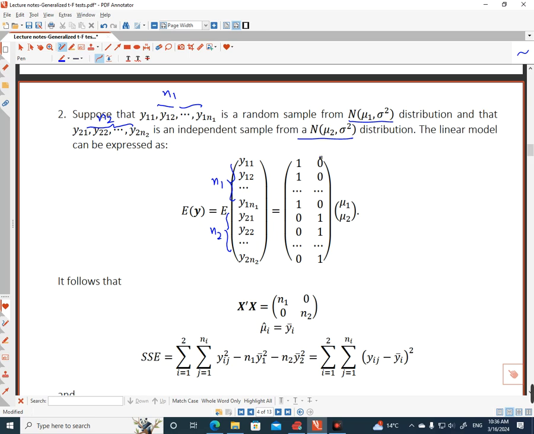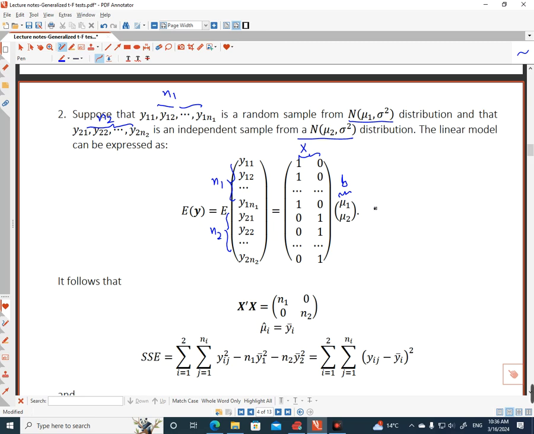And the expected value is given by x beta, or rather x b, not a difference. Most of the time I call it beta according to the common notation of regression modeling, but since sometimes we have parameter beta, it is better if we use b.